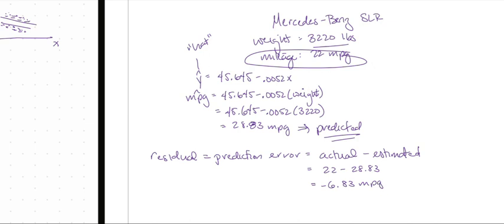So my model overestimated the mileage by about 6.83, almost 7 miles per gallon. So I didn't do as great as I would have liked.